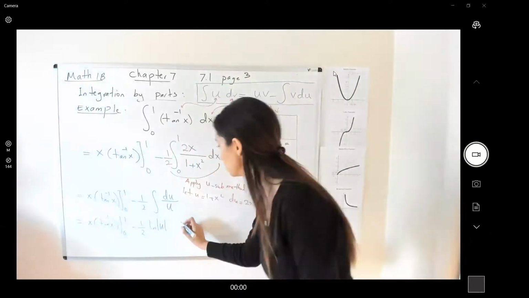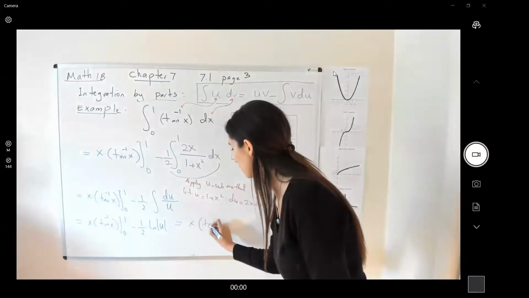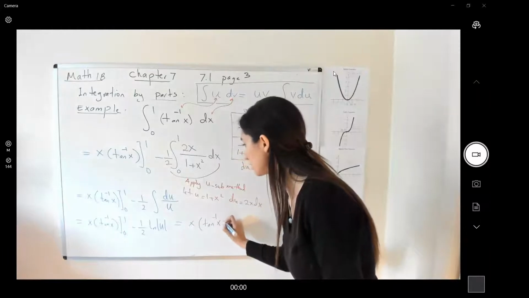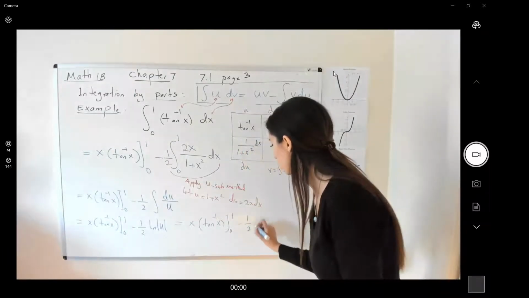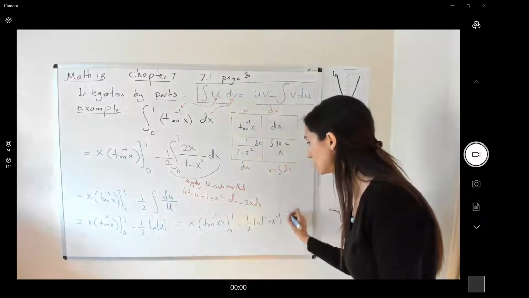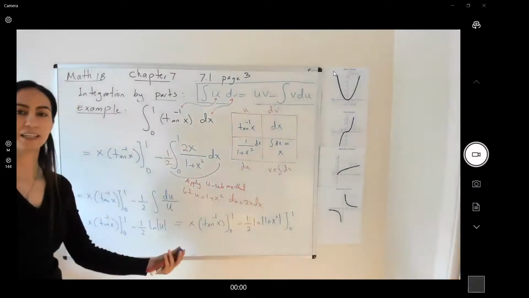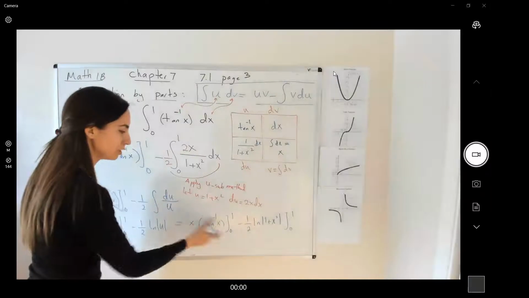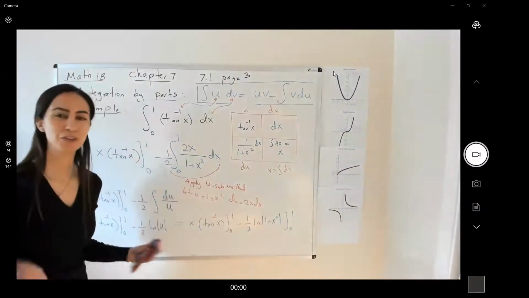So this is equal to x inverse tangent x, 0 to 1, minus a half ln of 1 plus x squared, x ranges between 0 to 1. Then we substitute 1, we substitute 0, and we simplify.